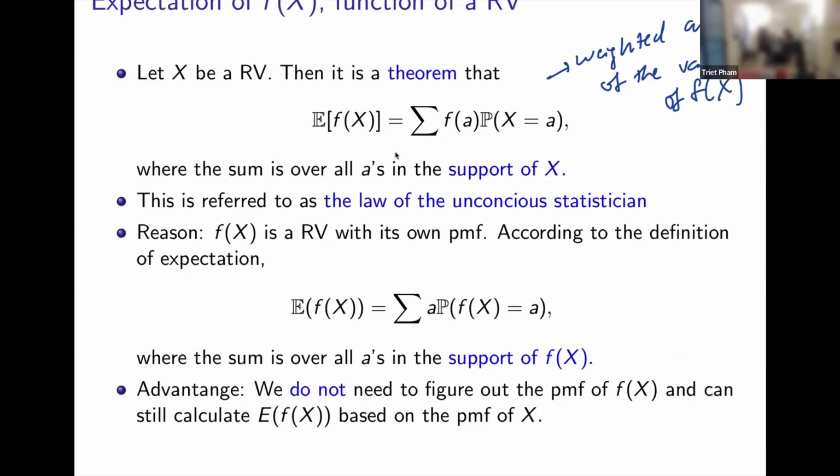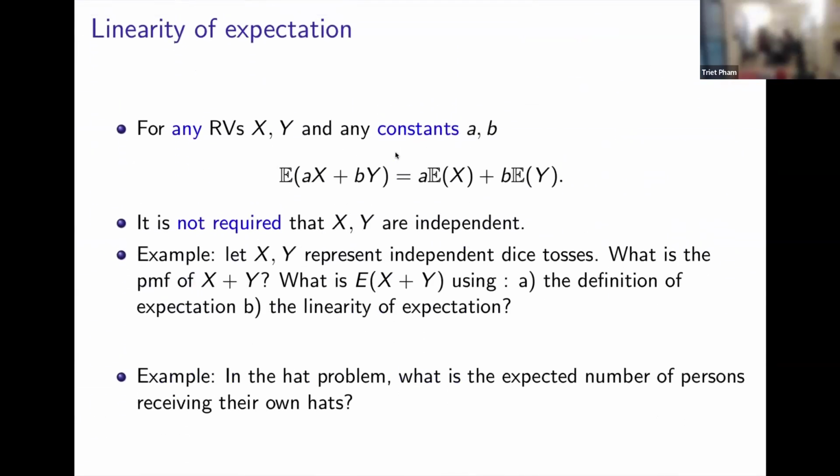Okay. So let's mention this as the last slide of today's lecture. Expectation has properties. And one of the coolest properties expectation has is that it's linear. Meaning that if you take a linear combination of random variables, then the expectation just goes through.